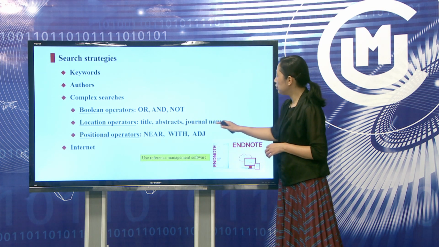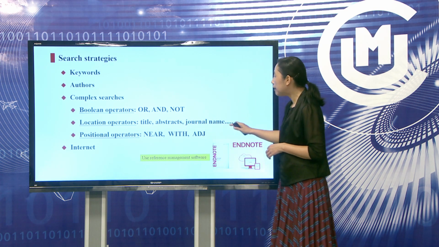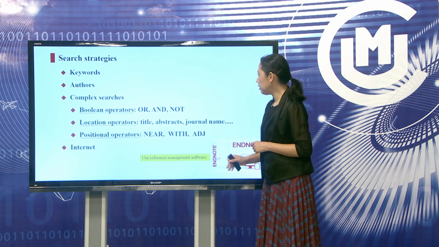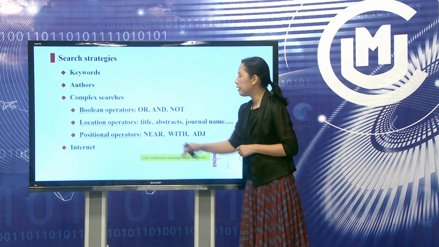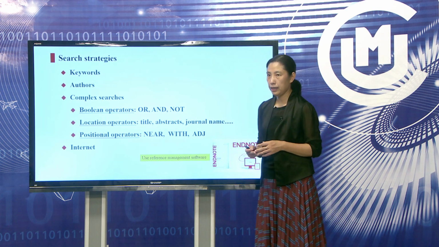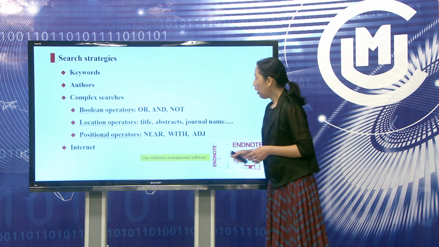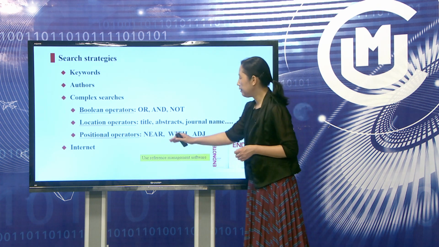Or we may search keywords in title, abstracts, or journal names, which we call location operators. Or we may use near, with, and the positional operators, to search your literature concretely, accurately and sufficiently.